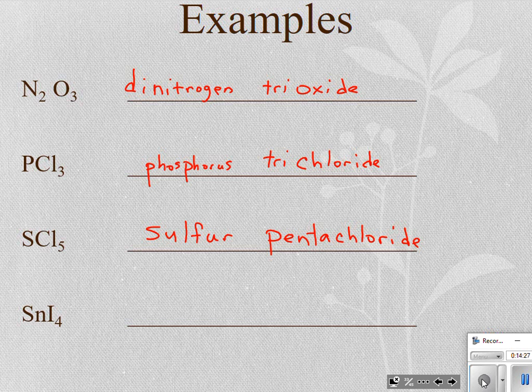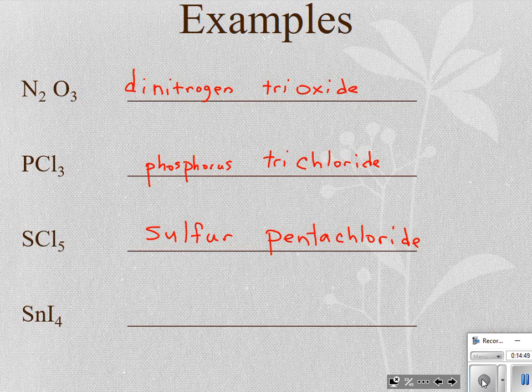Are we dealing with 2 nonmetals? No. We have a metal and a nonmetal. This is ionic bonding. So, if you name this tin tetraiodide, you're wrong because you named it using prefixes. That is molecular.